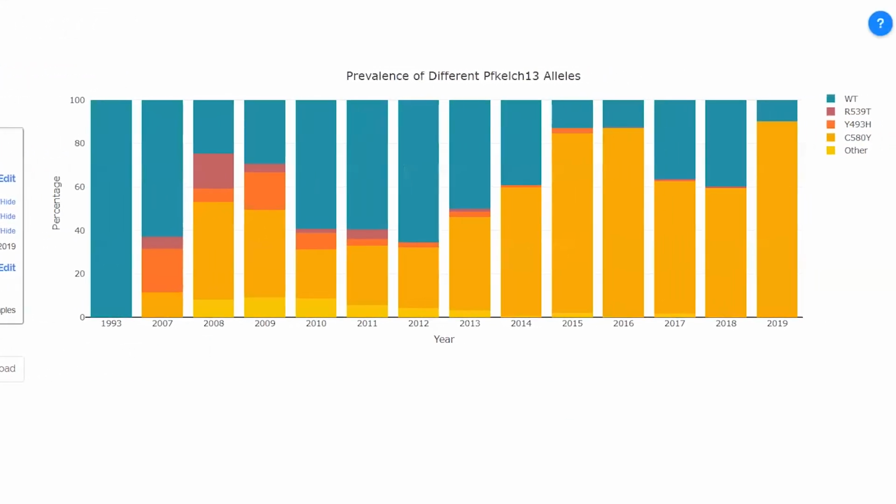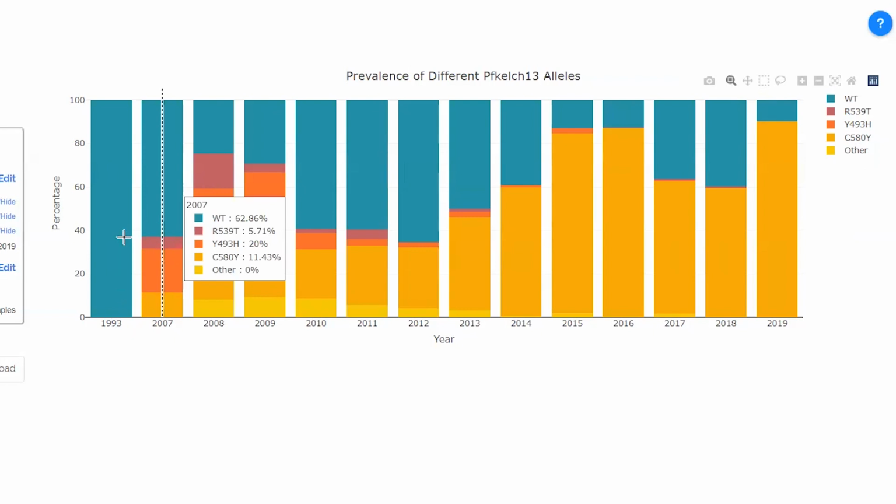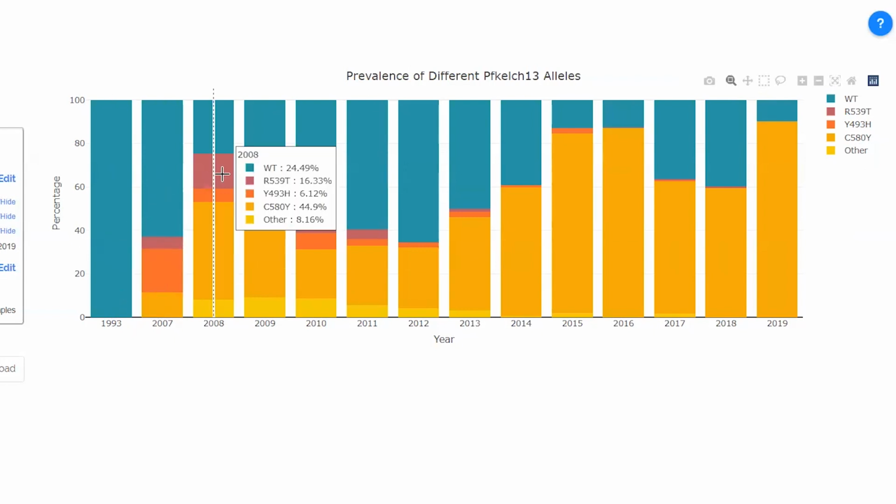And here I can see the proportion of the different alleles, of 4 different alleles, and the other one aggregated over time, with the 3 countries being aggregated. So here we can clearly see that the wild type Kelch13 allele starts to decline.